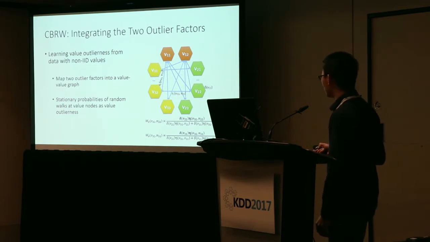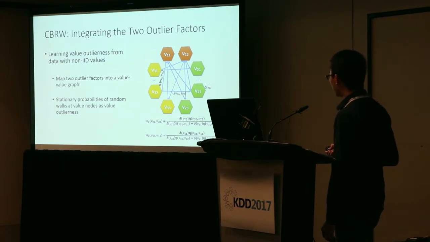Attributed means that for this graph, each node is a value, and we use the intra-feature outlier factors as the node properties, which is one-dimensional information. And for the edge between any two values, we use the inter-feature outlier factors.